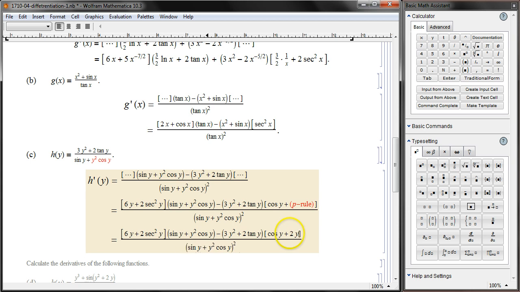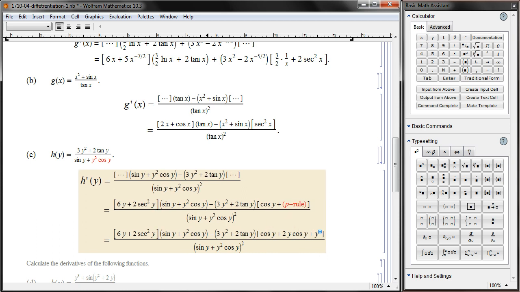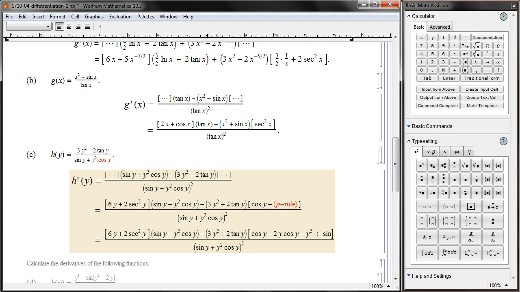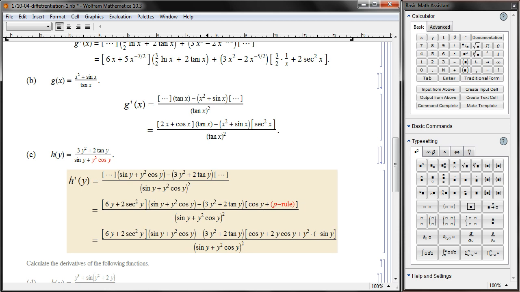Derivative of the first function times the second function, u prime v plus u v prime. Looks like this.